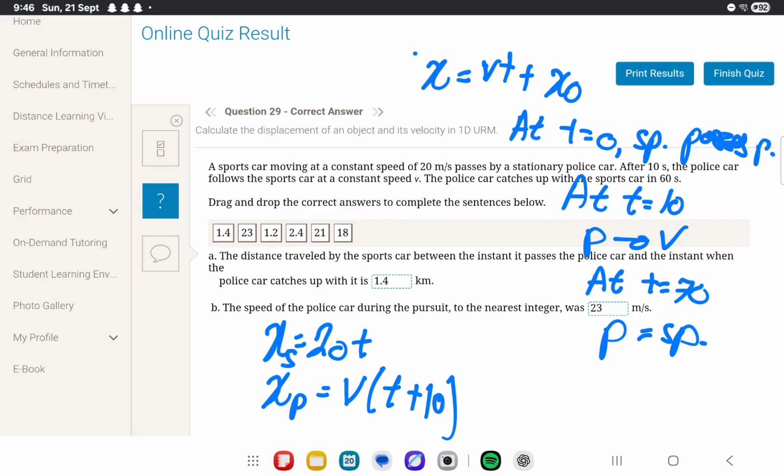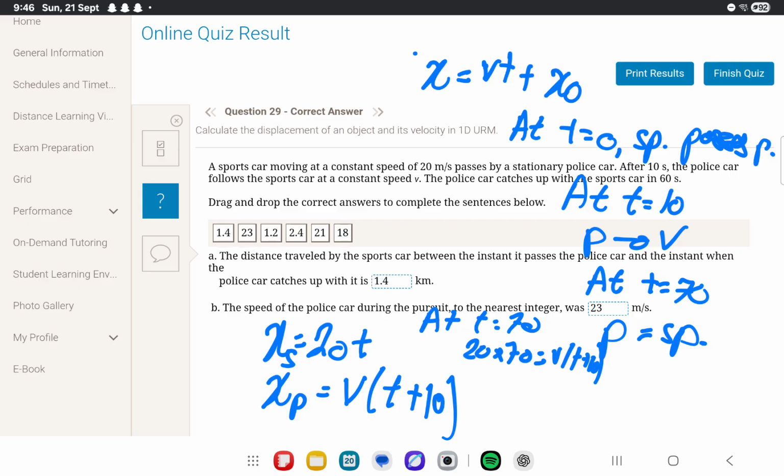Okay, and now you set them equal to each other at t equals 70. So at t equals 70, 20 times 70 equals v times t plus 10. Right? You do this on a calculator. So 20 times 70 is 1400. 1400 is equal to v times t plus 10, or 70 plus 10, which is 80.